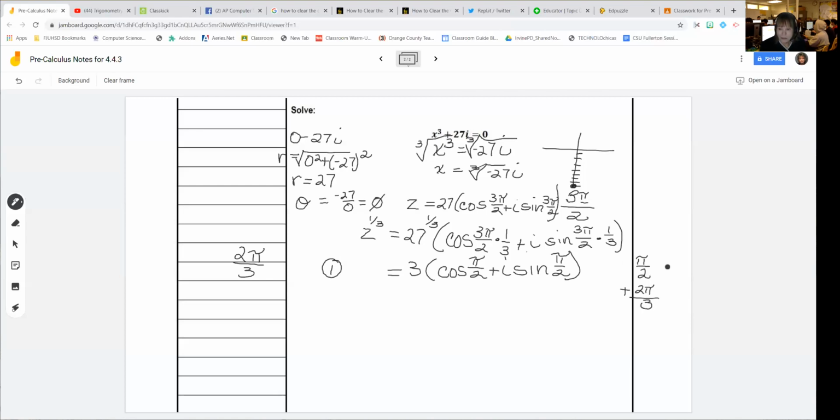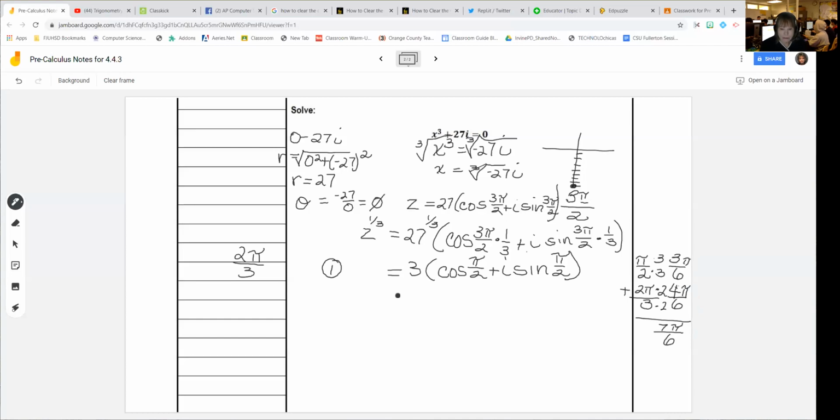I need a common denominator, which in this case is 6. So that's 3 pi over 6. Here I have to multiply by 2, 4 pi over 6. Adding those together, I get 7 pi over 6.